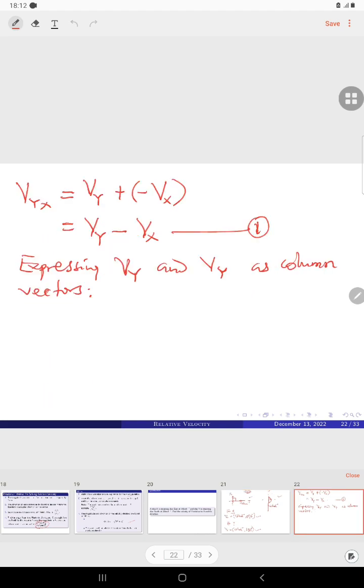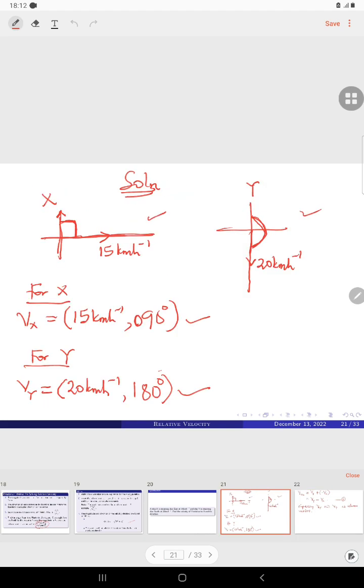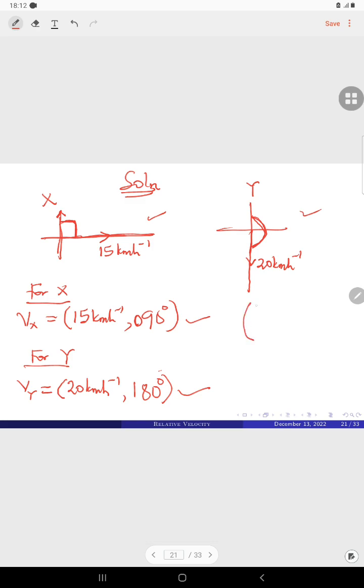Good. So I will say Vx. How do I get it? Vx, the column form, the magnitude is 15. So 15 sine 90, 15 cos 90 degrees. Then this one will be 20 sine 180, 20 cos 180. So I'm going to write this nicely on the next page. This one was just rough work.